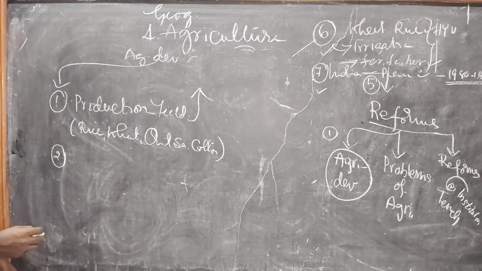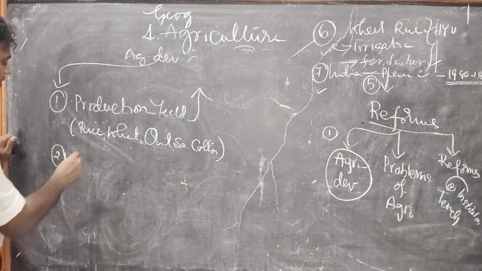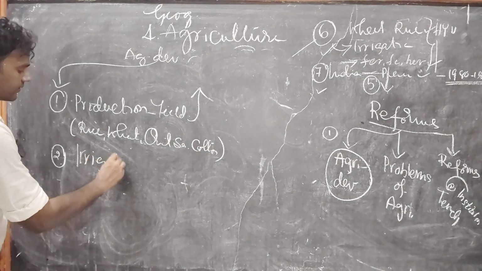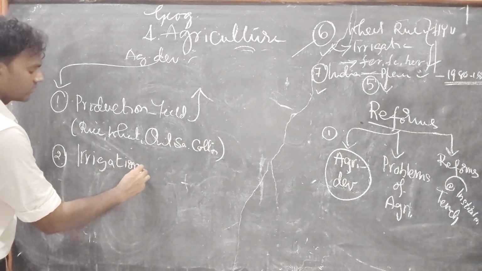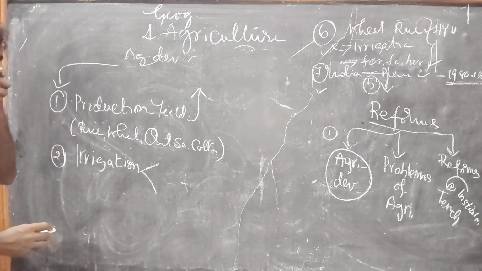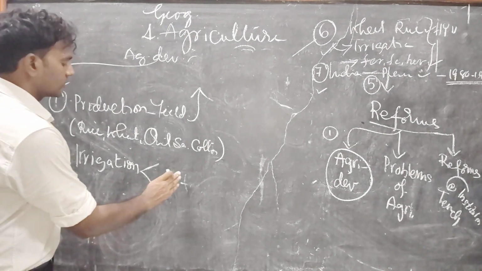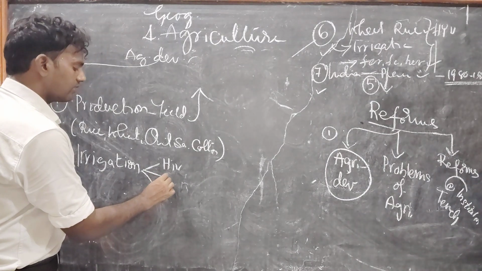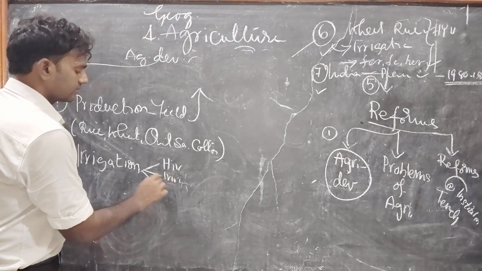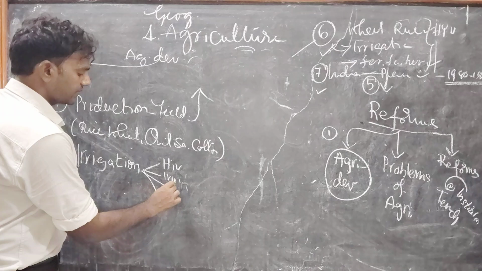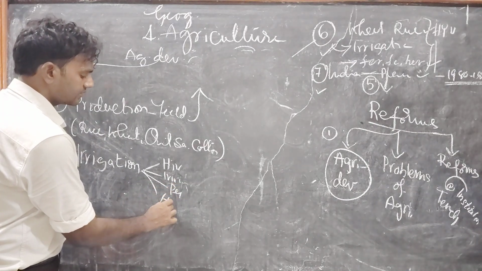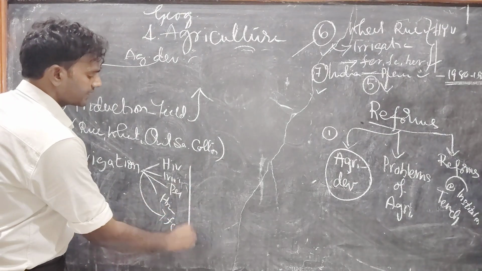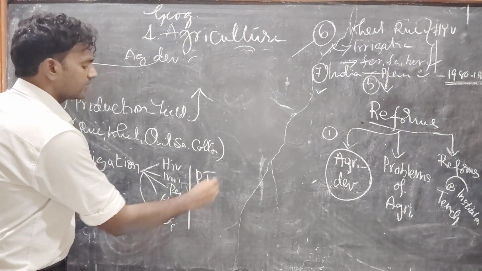And coming to the second point, through providing HYV seeds and irrigation, and also pesticides, herbicides and fertilizers, packaged technology, what happened?